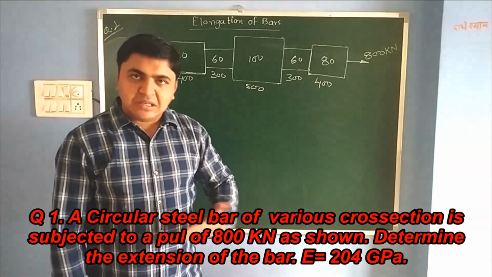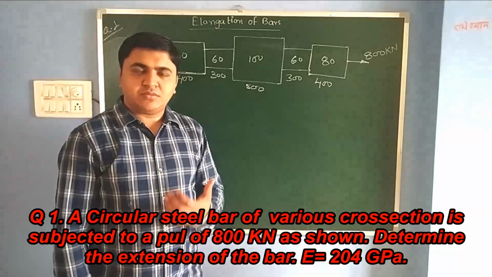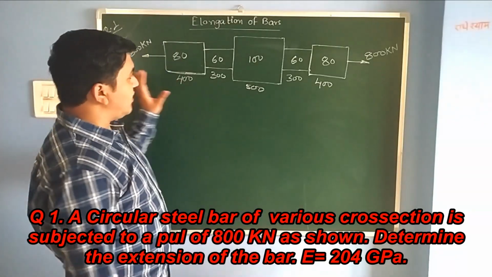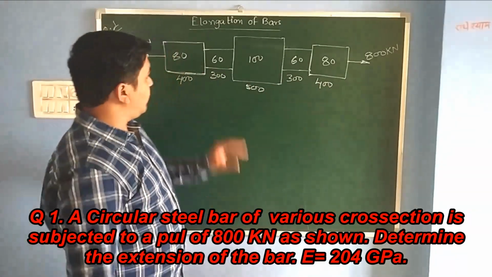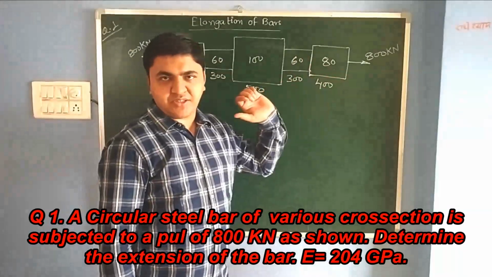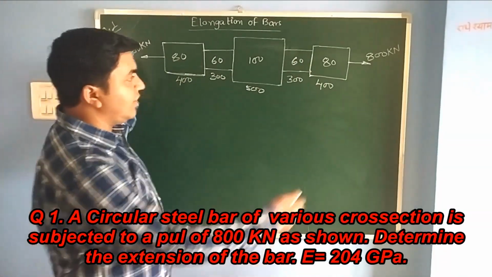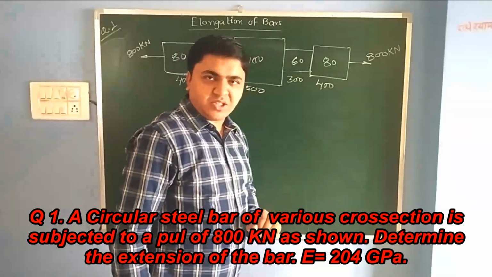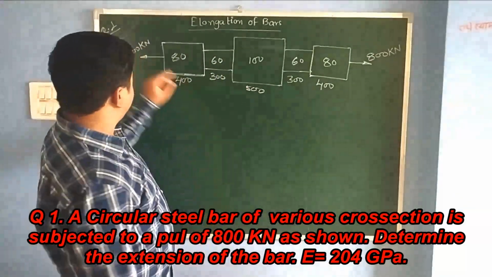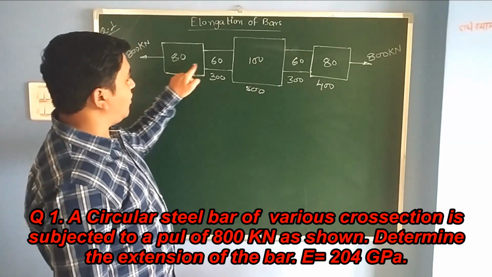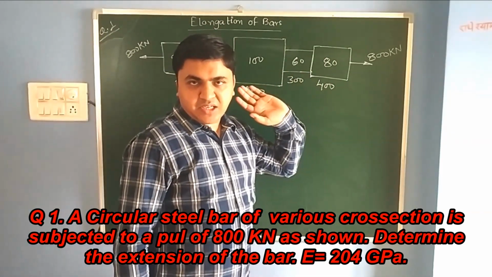As you can read the problem, a prismatic bar is given to you with 5 different sections, and one common tensile force of 800 kilonewton is applied at the extreme end of the section. This 800 kilonewton force is common for all 5 sections.